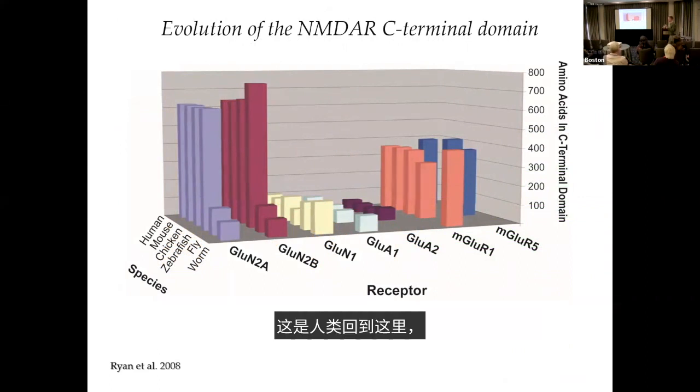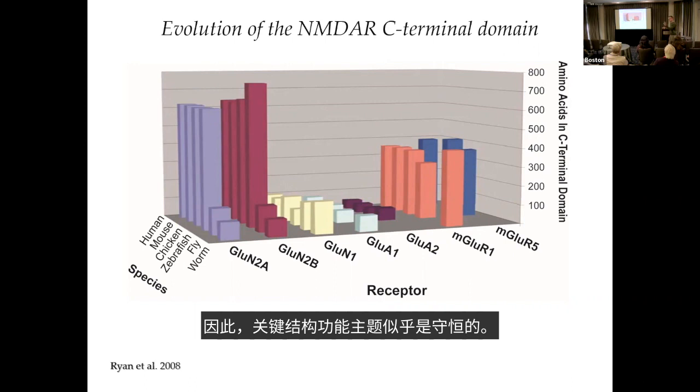Humans are way back here, and zebrafish also have this very large CTD, just like the humans. What's important here, and I'm not going to show it to you, is that when you look at the key structure function motifs in the C terminus of these two subunits in particular, they're highly conserved. Domains like the CaM kinase site, the last 15 amino acid residues, and palmitoylation sites are conserved. So the key structure function motifs seem to be conserved.